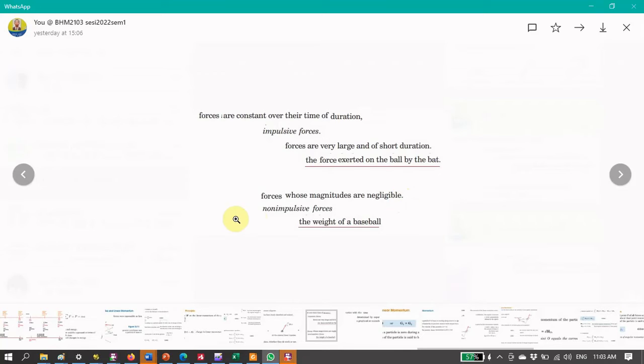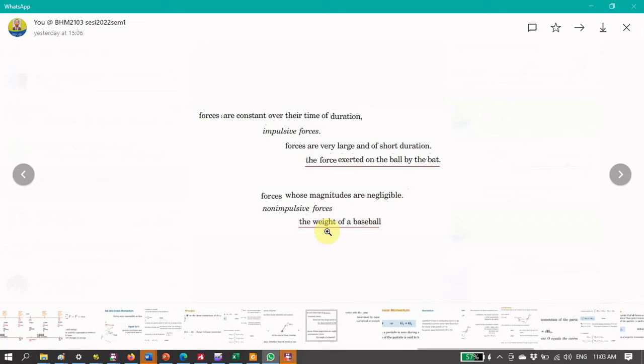And the third one is the non-impulsive forces. Non-impulsive forces do exist, but compared with other forces their magnitude is relatively small.